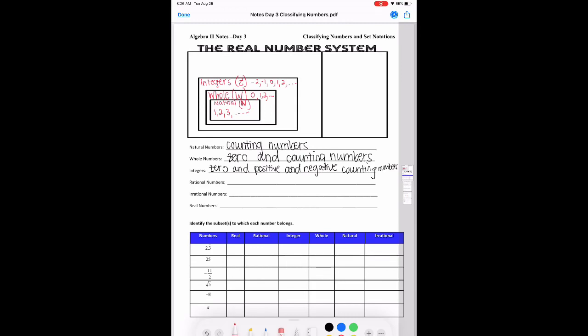All right, next we have rational numbers. Rational numbers are going to include everything up above plus fractions. So integers, oopsies, integers, so meaning everything up above, fractions, and then terminating decimals.